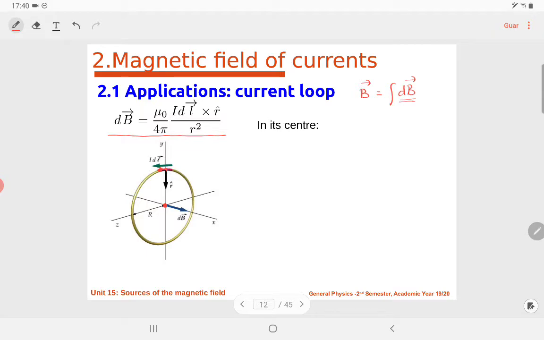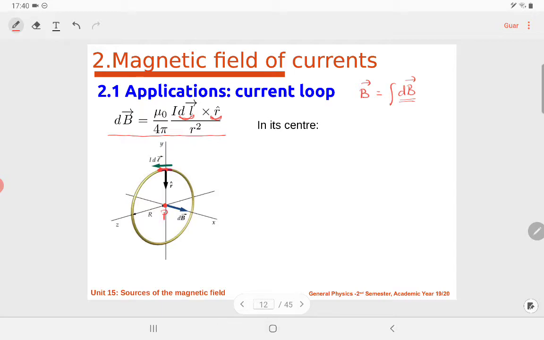We focus on this small element, and we see that this differential vector dl, giving you the direction, is perpendicular to the unit vector in the direction of the distance to the point where we want the magnetic field.